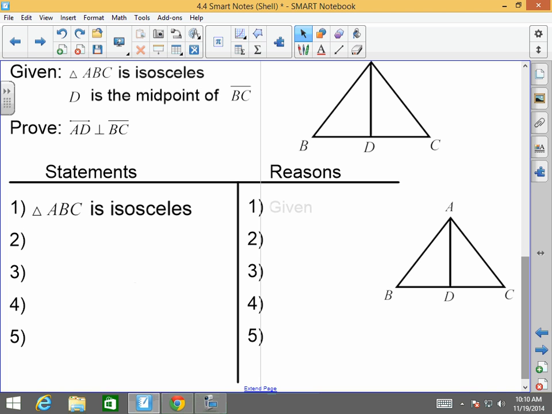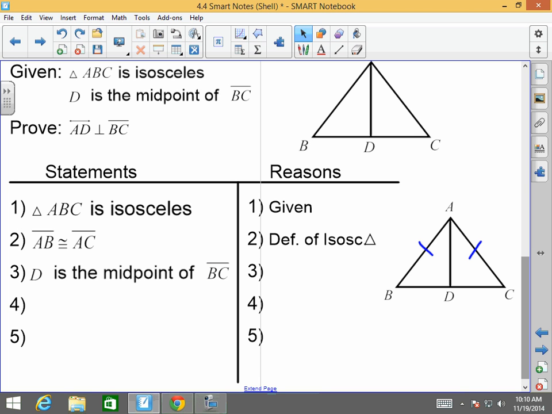That is given. Okay, since it is isosceles, AB is congruent to AC. That's the definition of isosceles triangle. D is the midpoint of BC. That's given. Since D is the midpoint of BC, that means that BD is congruent to DC.